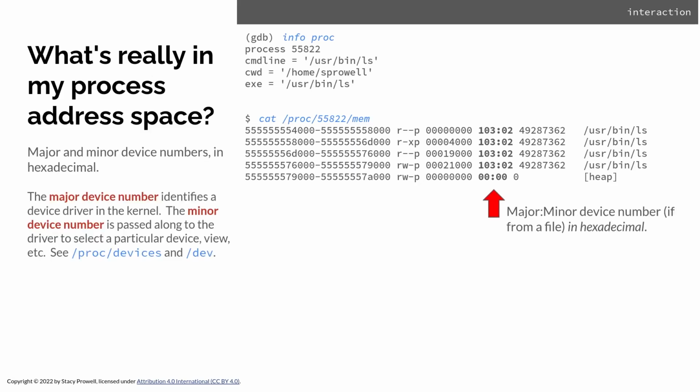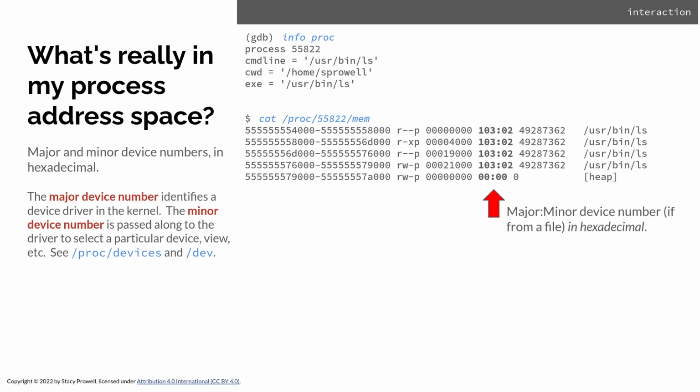This is the major and minor device number if it's from a file, in hexadecimal. What in the heck is that? So major device numbers indicate a device driver in the kernel. For example, flash drivers for SSDs, drivers for IDE hard drives, all those things have an associated number.